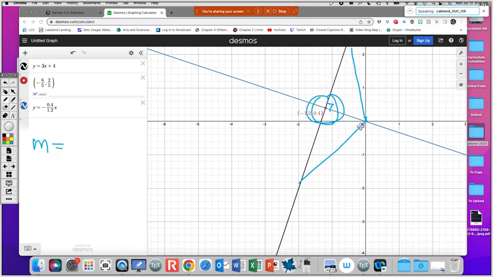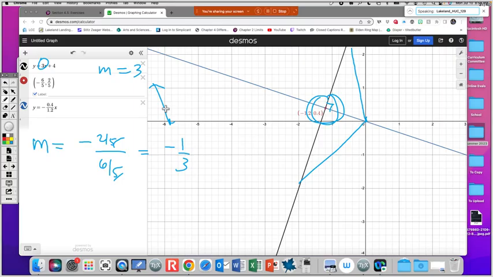The slope of this line was negative 2/5 over 6/5. The 5's cancel, negative 1/3. The slope up here is 3. And what do you know about lines that have negative reciprocal slopes? The lines are what? Perpendicular.